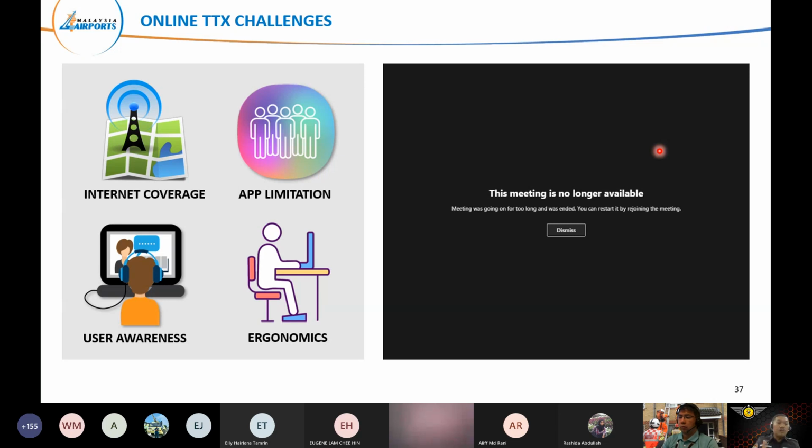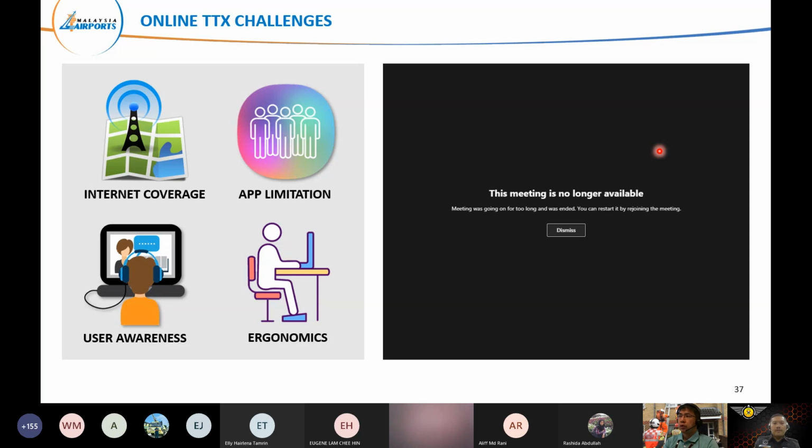So maybe they're new to the app, or they rarely communicate online. If we need to communicate online, make sure you have a headphone and microphone, so the noise will be reduced.